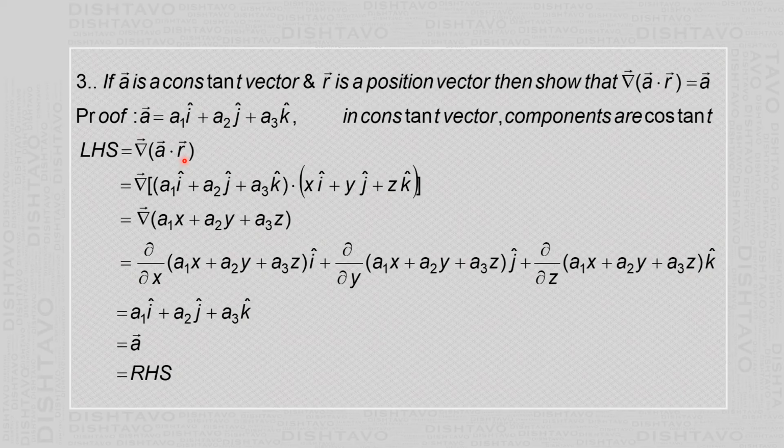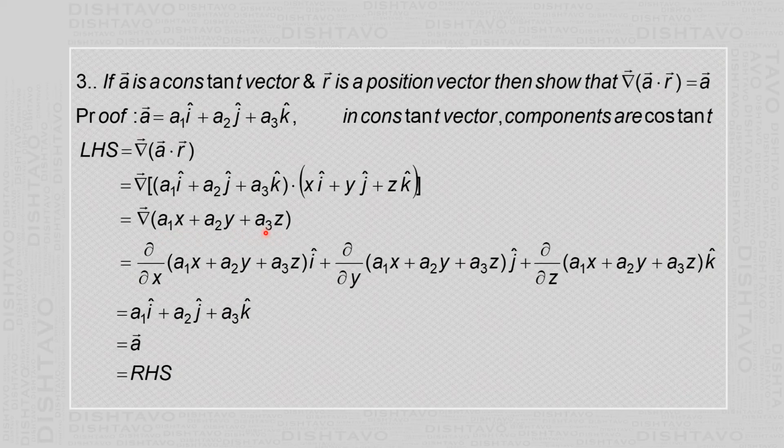Here the components of vector A are A1, A2, A3, and of vector R are x, y and z. Sum of the products, that is A1x plus A2y plus A3z.